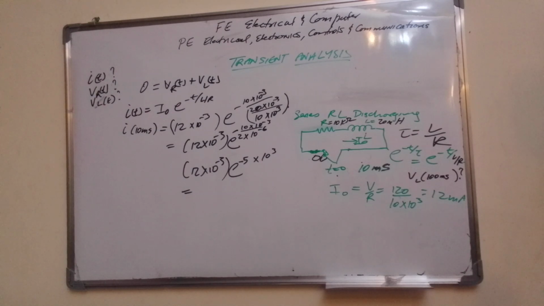Wow. So what that is saying is, let's look at those numbers again. Tau, L is 20 times 10 to the minus 3, that is 0.02 divided by 10,000.